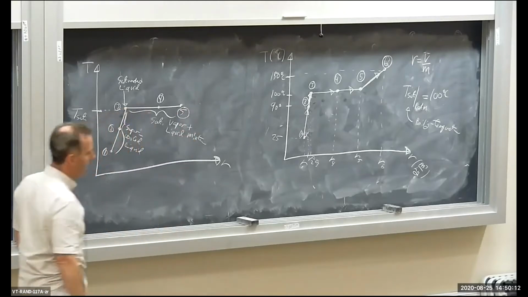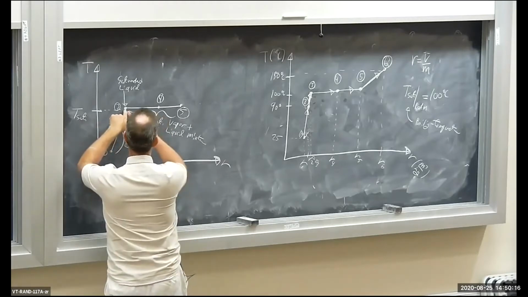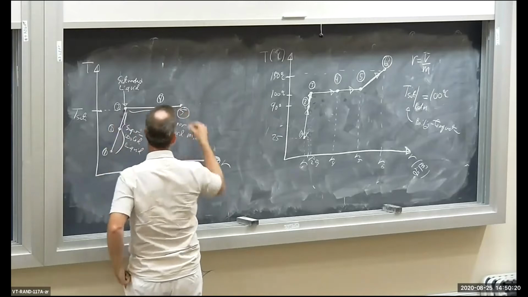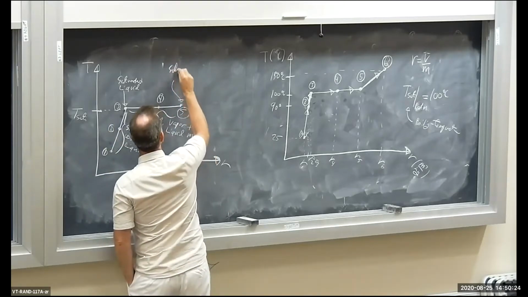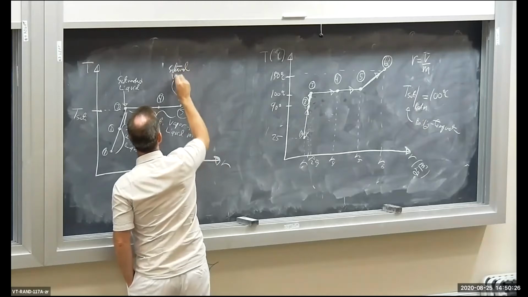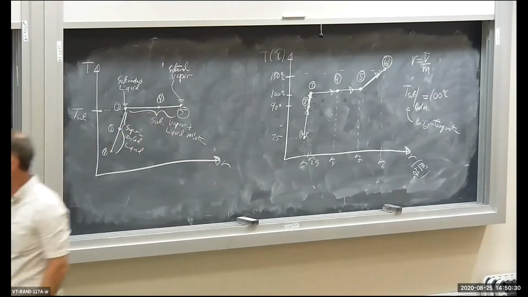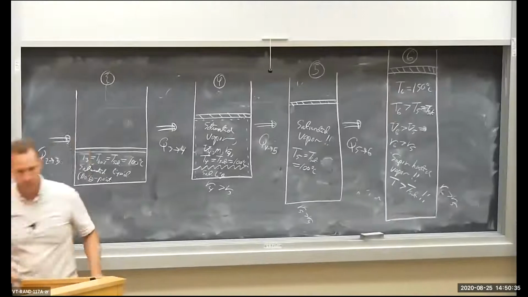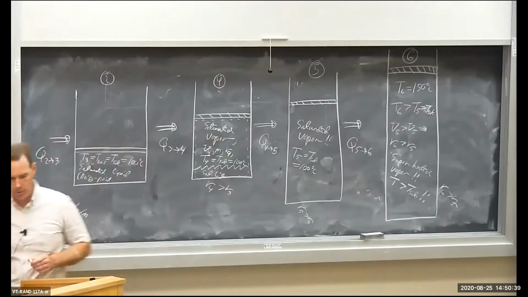There's state 5. Here we're a saturated liquid. Boiling occurs, and I have a mixture of vapor and liquid. And then I get to state 5, and I have saturated vapor. State 5 is saturated vapor. State 5, saturated vapor, 100 degrees, okay?